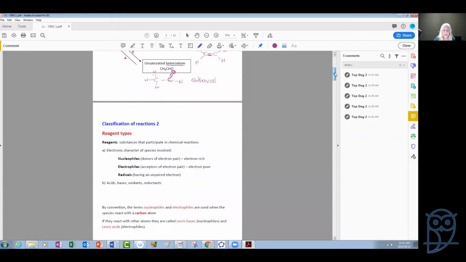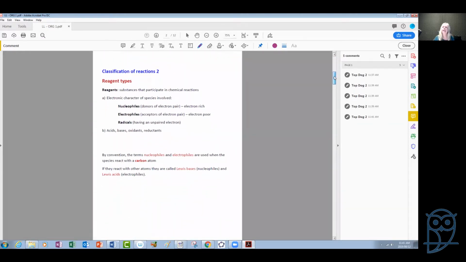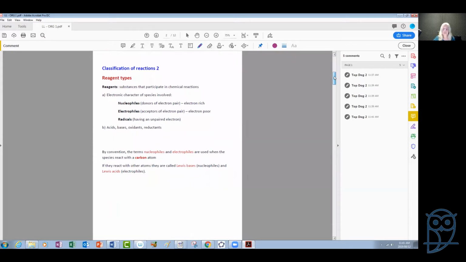Now, another important aspect that we need to bear in mind as a background to understand the mechanisms is another classification concerning organic reactions, which is the reagent types. Reagents are substances that participate in chemical reactions.